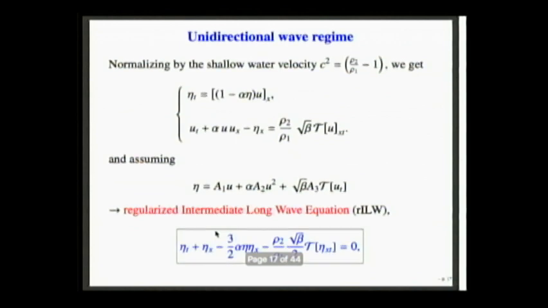From this weakly nonlinear model, in the unidirectional wave regime, we can find an intermediate long wave equation. We prefer to work with the regularized version of the intermediate long wave equation. This is the equation I'm talking about that supports solitary waves.